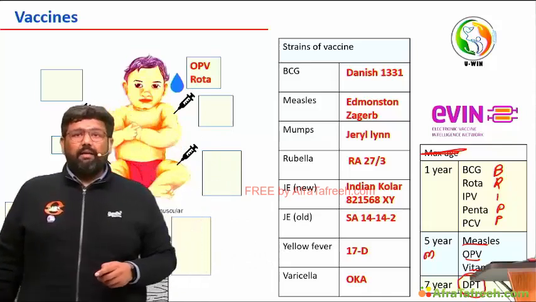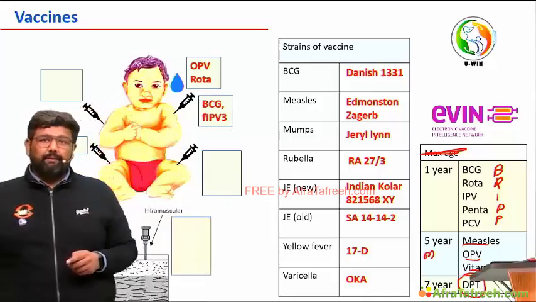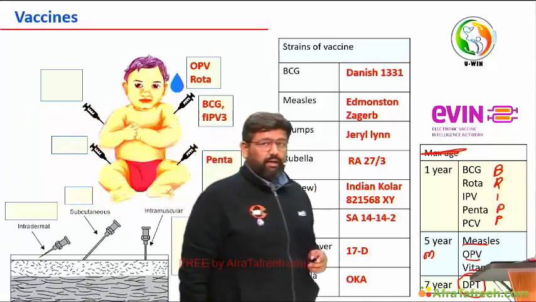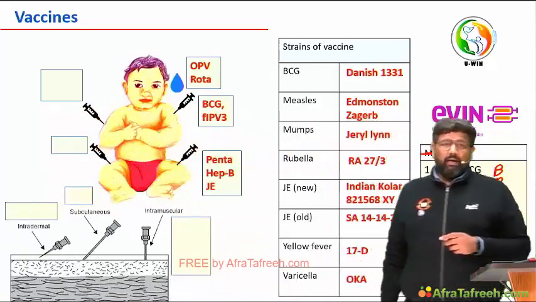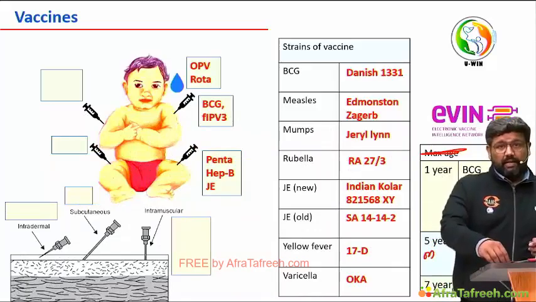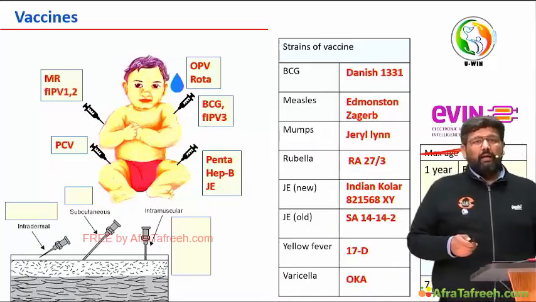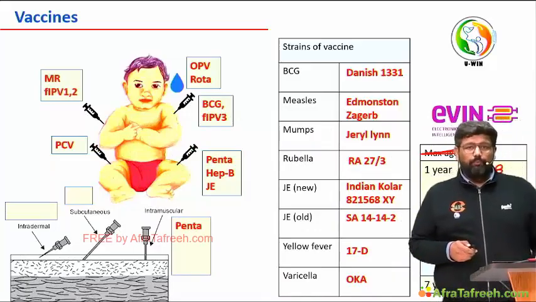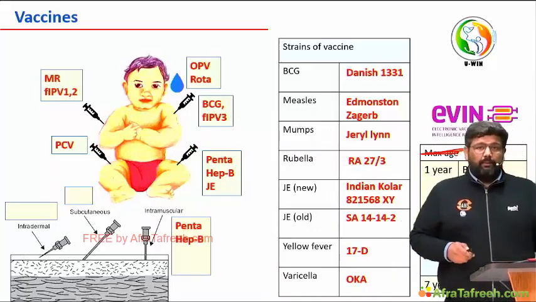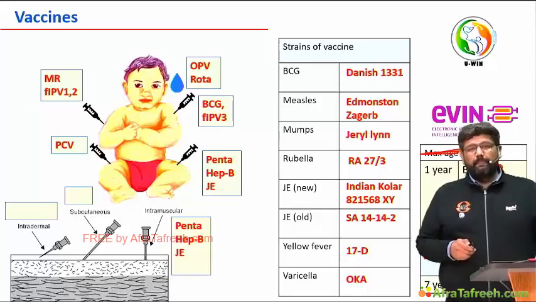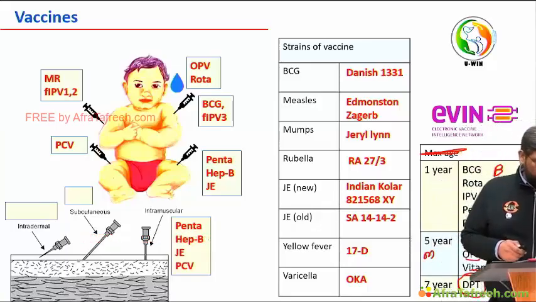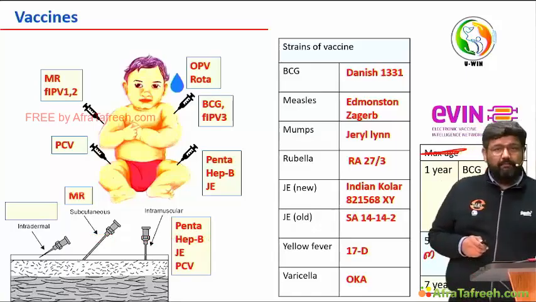Oral: OPV, Rota. BCG and fIPV are given intradermally. Intramuscular: Penta, hepatitis B, JE, PCV, and fIPV 1 and 2.